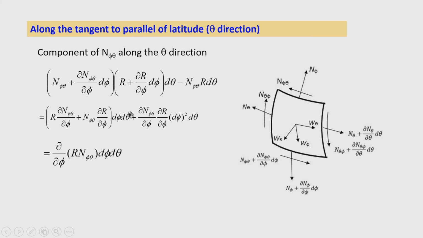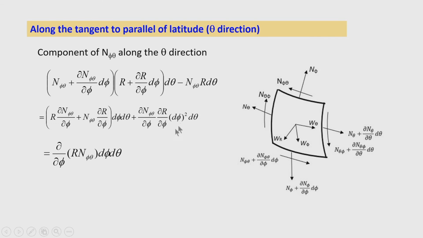After multiplying term by term, cancelling some common terms and ignoring the terms with powers of small quantities, we ultimately get this as r del n phi theta by del phi plus n phi theta del r by del phi into d phi d theta, plus del n phi theta by del phi into del r by del phi into d phi square into d theta.